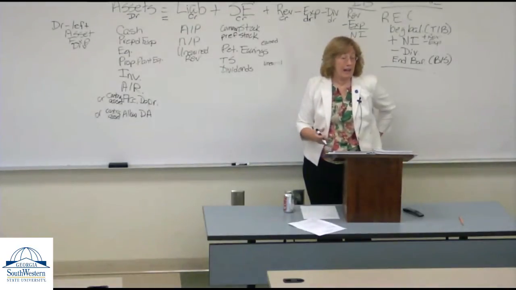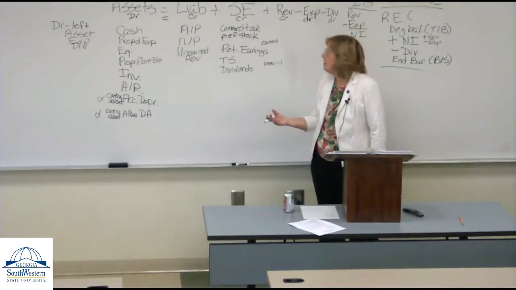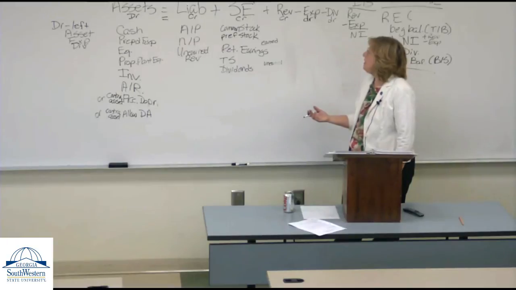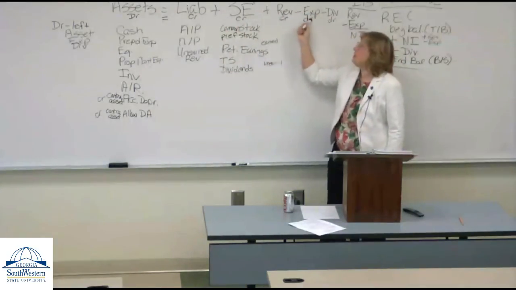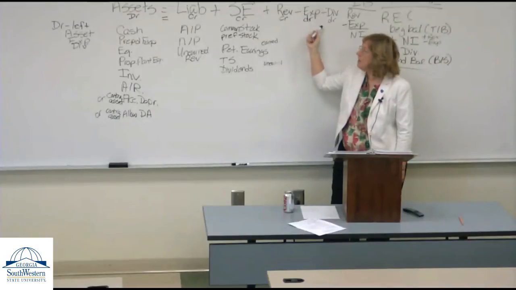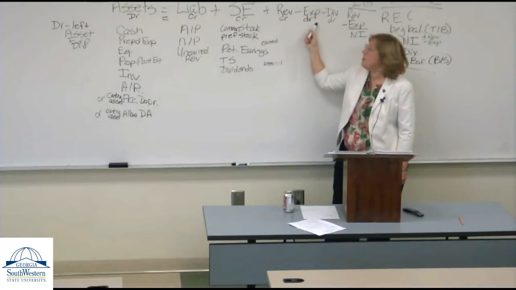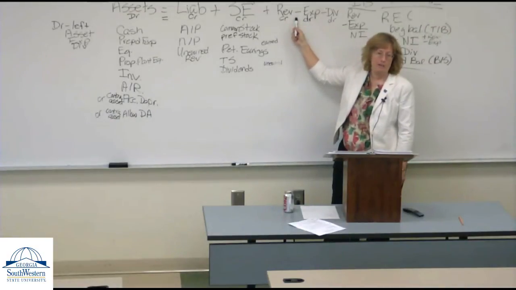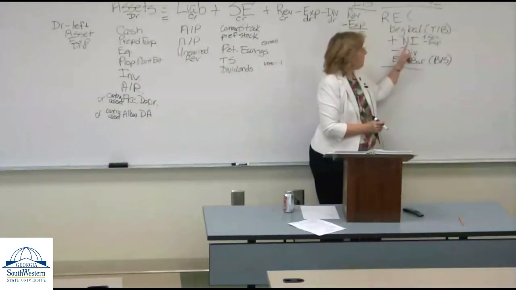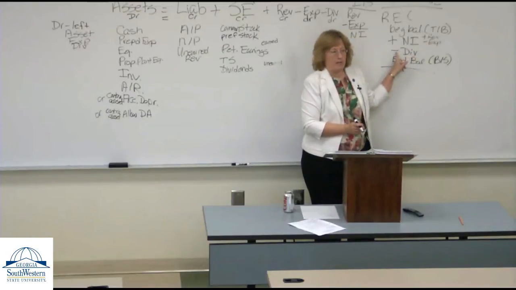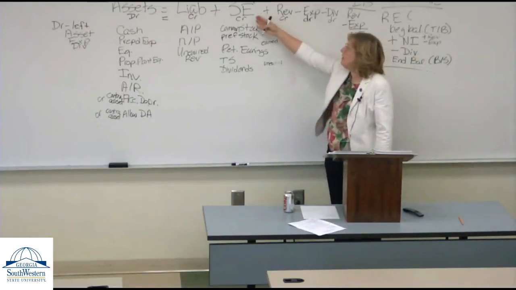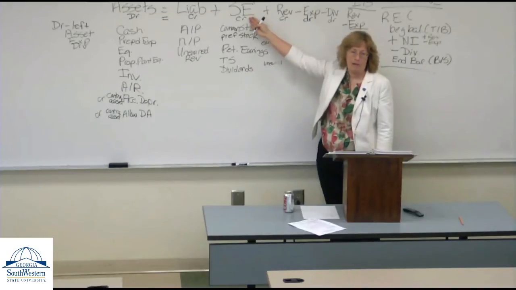And the other interesting thing is the expenses and the dividends are way over here on the end, and they're the ones subtracted from retained earnings, opposite of stockholders' equity, right?